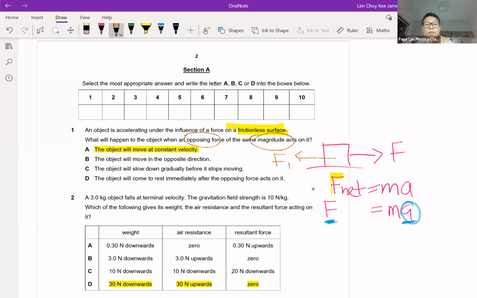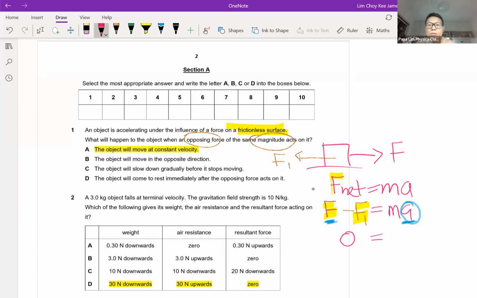So if you look at Newton's law, you look at the sum of forces. I now have two forces acting on it in opposite directions, so the sum of forces will be F minus F1. And true enough, if both forces F and F1 are of the same magnitude, my left-hand side becomes a big fat zero, because the two forces are the same.